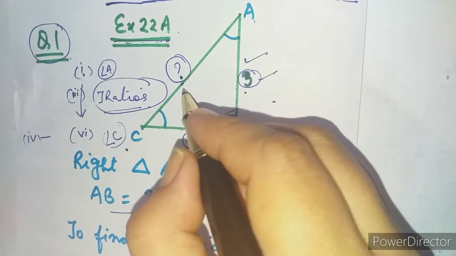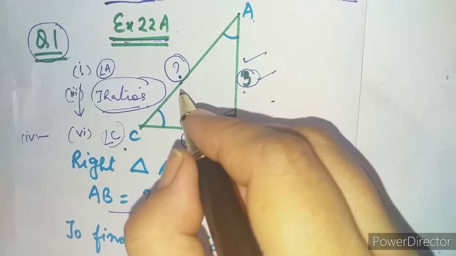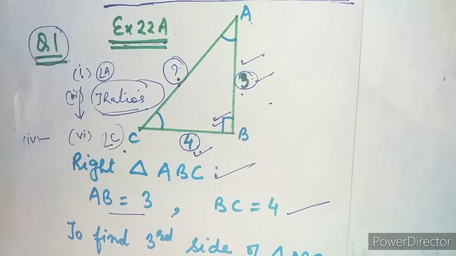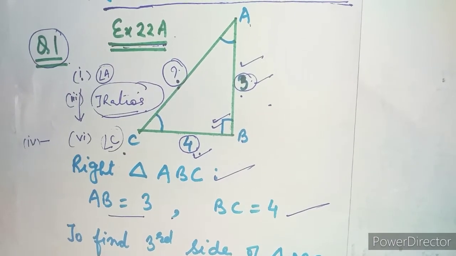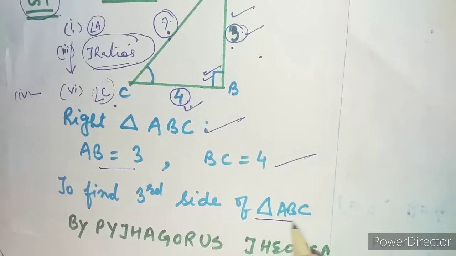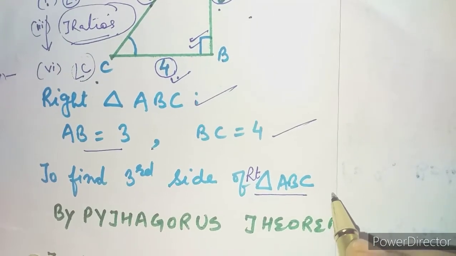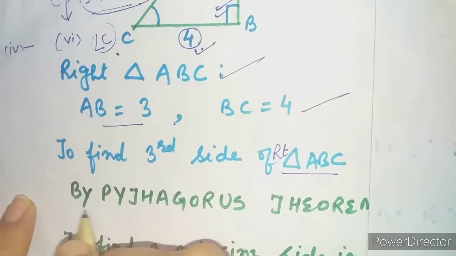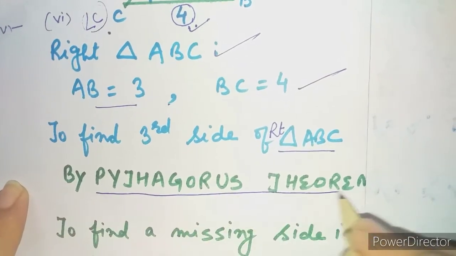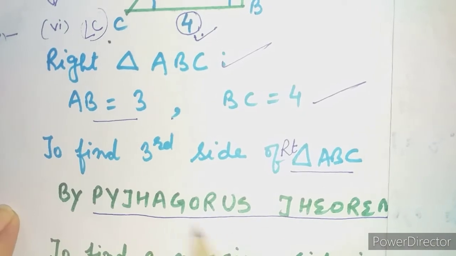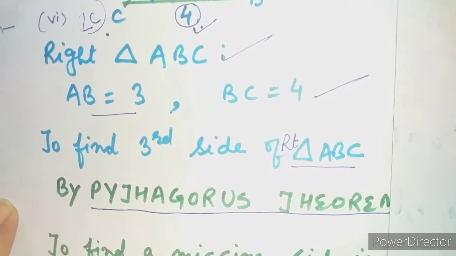Then whatever is required, any expression, any t ratio, you can find with the help of these 3 sides. Remember students, in order to find the third side of a right triangle ABC, you will always use the Pythagoras theorem. In trigonometry, 101 times you will be made to use the Pythagoras theorem to find any side.